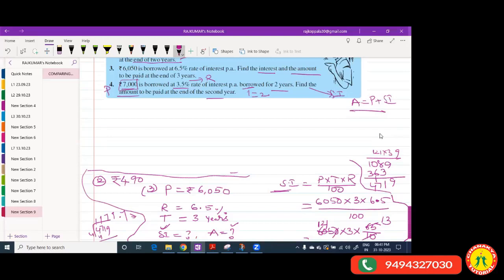Sir, I got 490 interest. Yes, sir. Okay, I will check. Let them solve it. 490 interest. Then amount? Amount, they are asking, not interest. You should just find interest, see, interest formula is said now. Okay, sir.